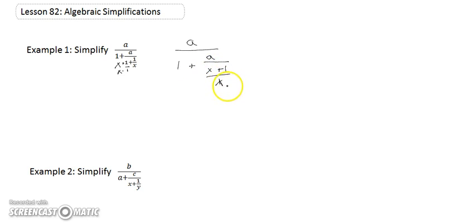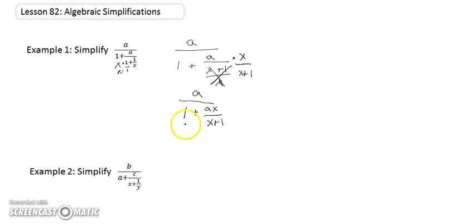Okay, then in the next step, I'm going to multiply this a by the reciprocal of x plus 1 over x. So this will be a over 1 plus, again I'm multiplying by x over x plus 1, so I won't have that there now. I'll have ax over x plus 1.